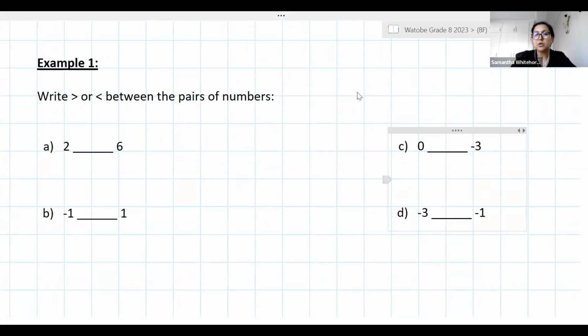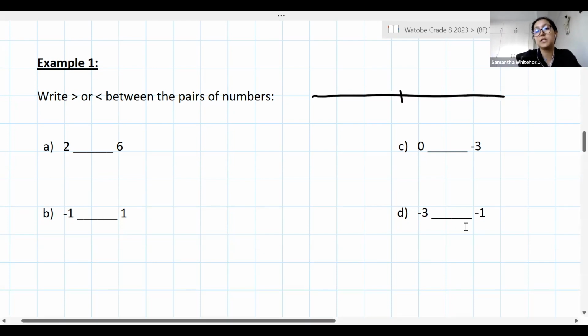So here in example 1, what I'm asking you to do is look at the two numbers that I've given you and decide which one's bigger and which one's smaller. Let's do the first one together. If we have a look at question A, we've got 2 and we've got 6. Now, again, this is where a number line could potentially be quite useful to you.